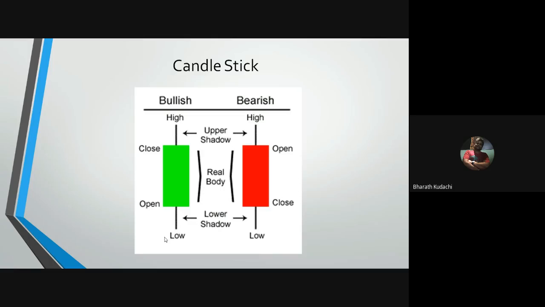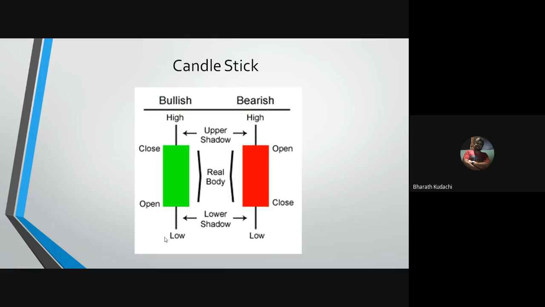When buyers are buying the shares, the market goes up, which is why they are called bulls; bulls take the market up and bears bring the market down. When the share price is increasing, it is called a bullish market, and when the share price is decreasing, it is called a bearish market. In very simple words: bullish is a green candle and bearish is a red candle.